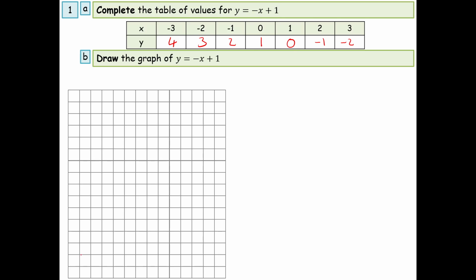Let's plot the graph. So the y is going from 4 to minus 2. Zero. And that's our y-axis.